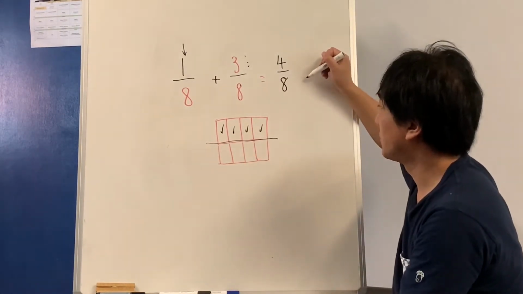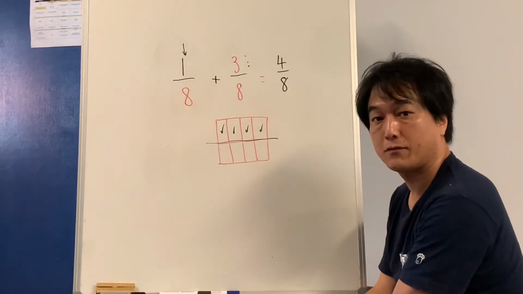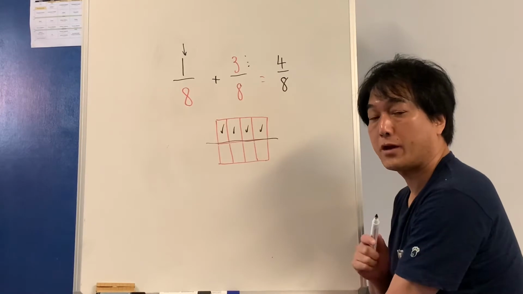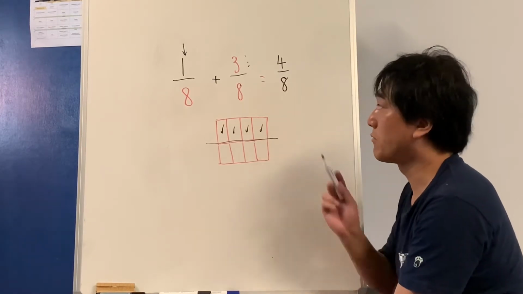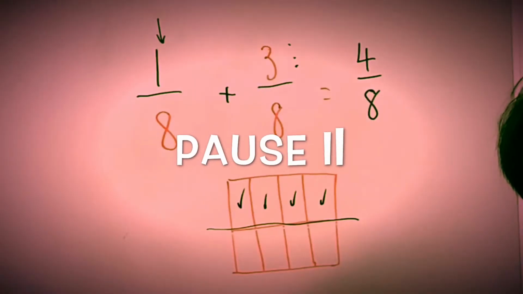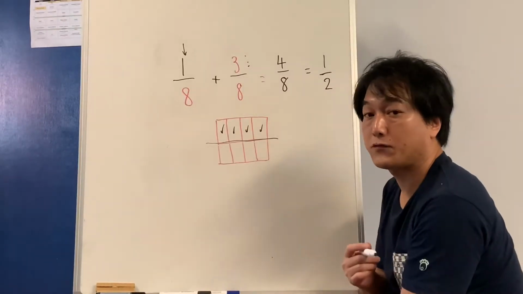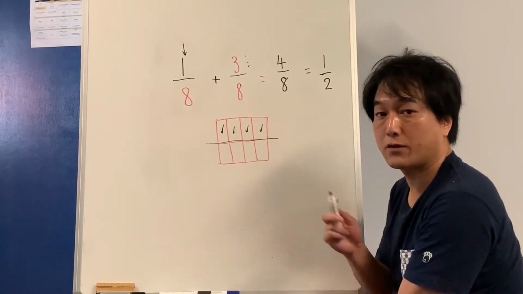So is my answer 4/8 or is my answer 1/2? Let's pause the video. What do you think? What should I write as my answer? Let's pause the video. So remember the last video we talked about equivalent fractions.